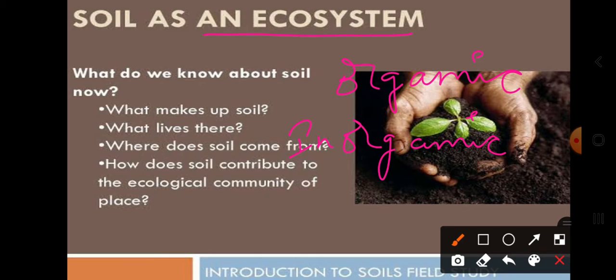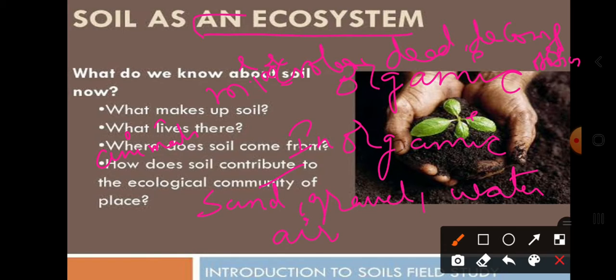In this, you will see sand, gravel, water content, air, and some organic matter like microbes, dead and decomposing materials of plants and animals, and some small animals like earthworms, snails, everything. So these are the different components present in the soil.